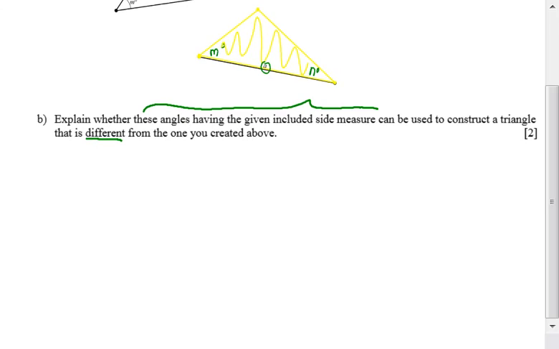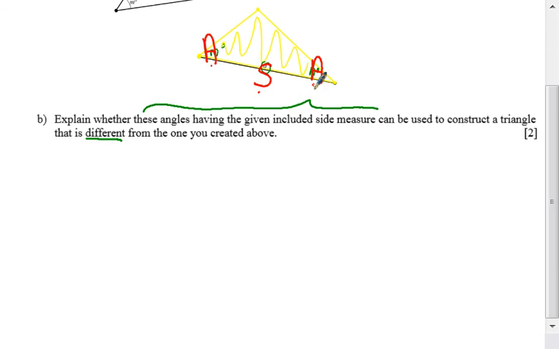As we study this example, we see that the angle, side, and angle measurements are given to us as being certain things. And so we have an angle, side, angle situation.